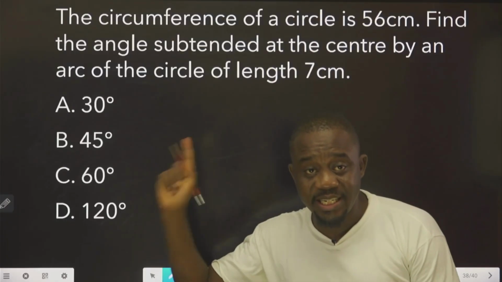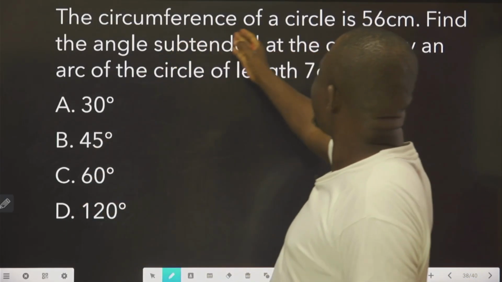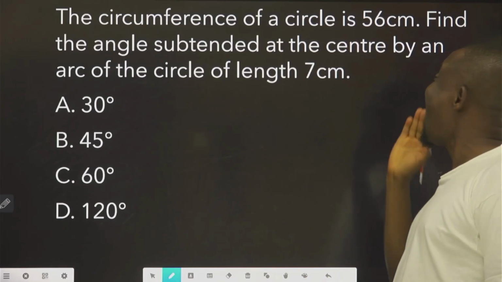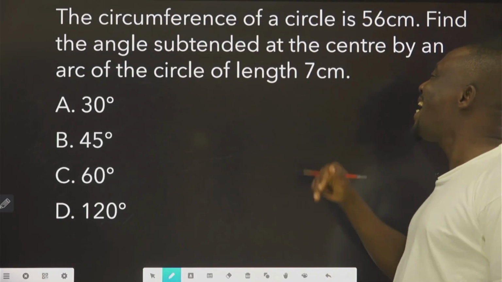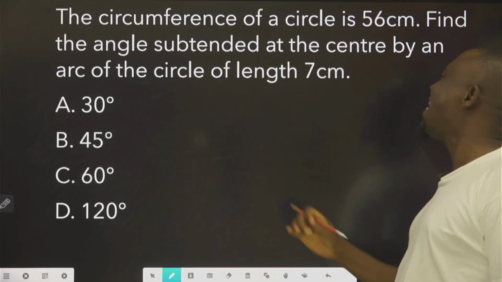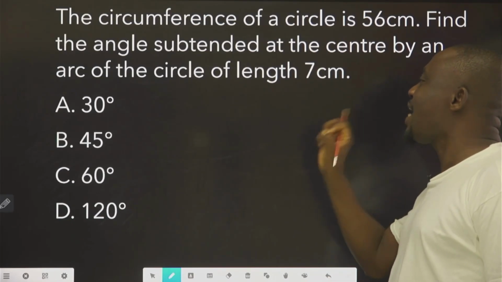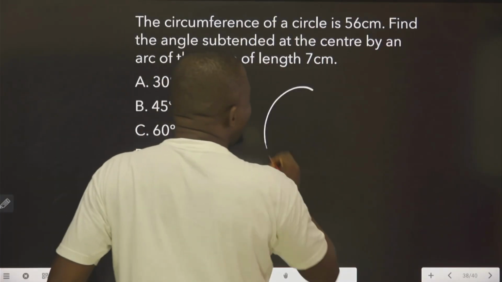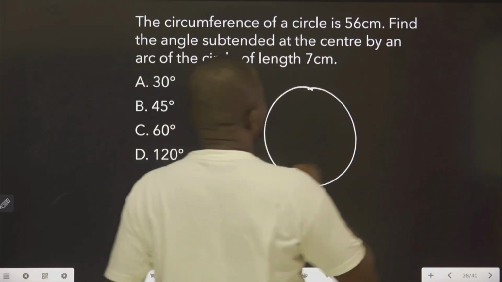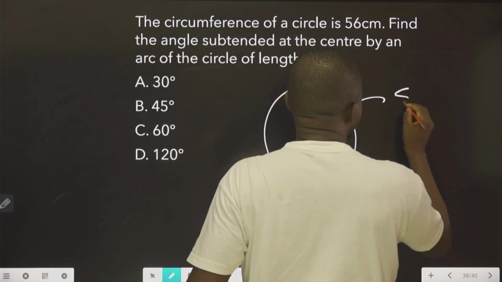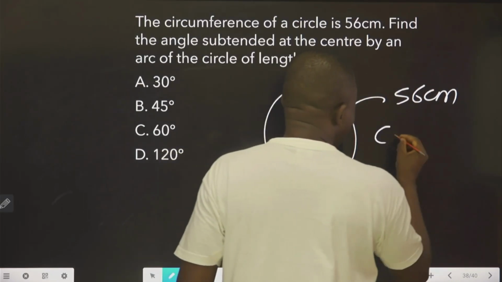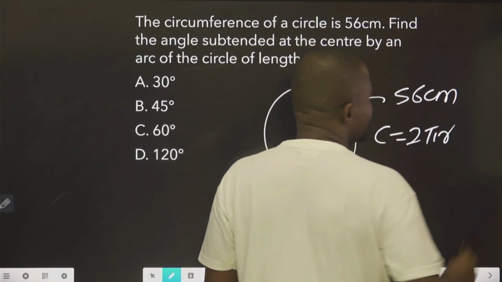Okay, let's look at it. It says the circumference of a circle is 56 centimeters. Find the angle subtended at the center by an arc of the circle of length 7 centimeters. This whole circumference, they gave us, is 56 centimeters. The formula for circumference, C, is 2 pi r.